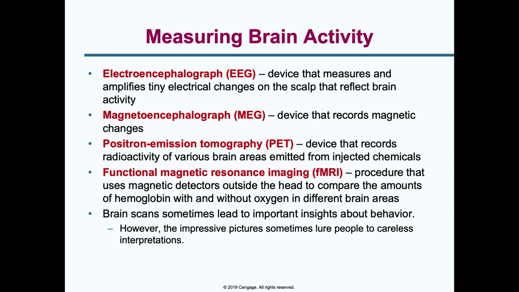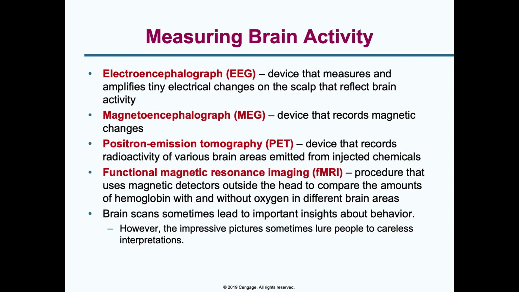Okay, the key to remember, and this goes back to chapter 1 that we spoke about, is that even though we can get some really impressive, really interesting to look at pictures of the brain, based on all of these different kinds of tests and the imaging that they can do, it's really important to be cautious with how we interpret those pictures, okay?